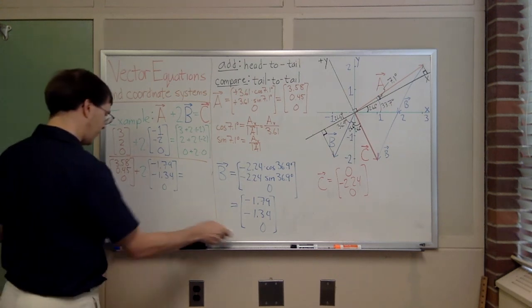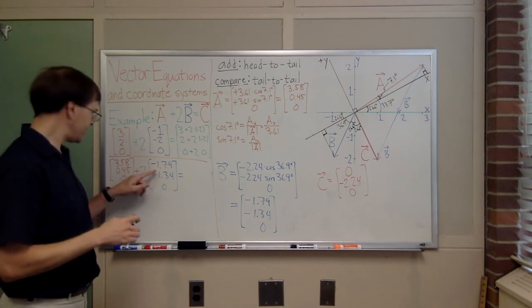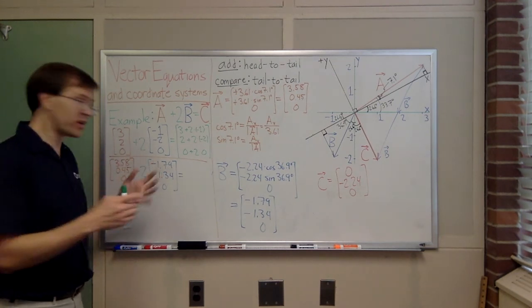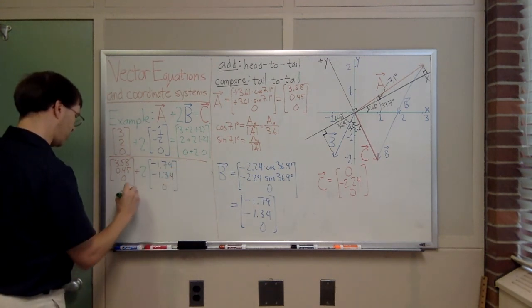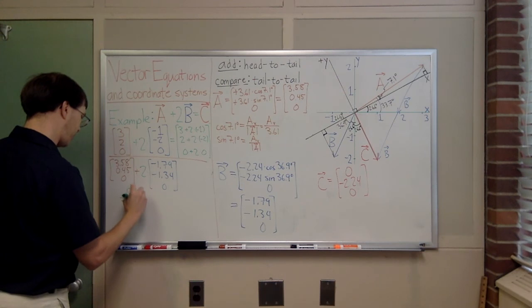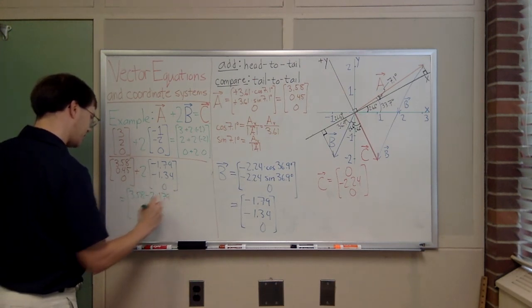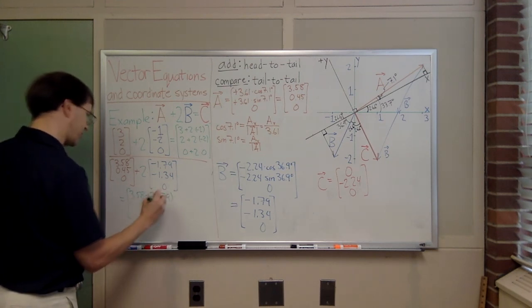Well, 2 times 1.79 is going to be 3.58. But negative, it works. So this is, I'll put the equals down here, equals 3.58 minus 2 times 1.79. Well, basically say plus 2 times negative 1.79.